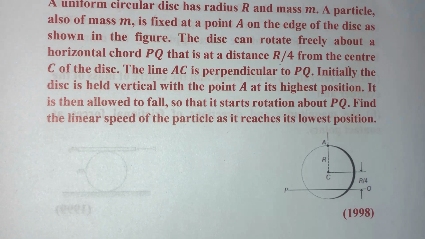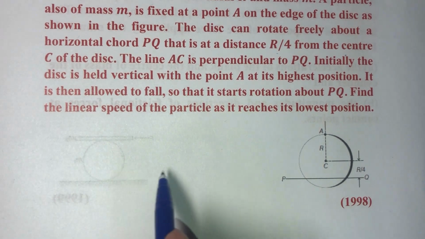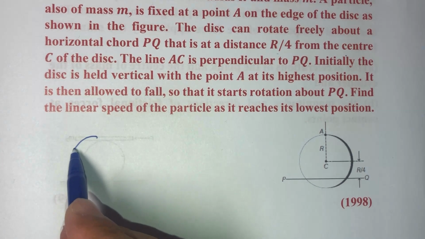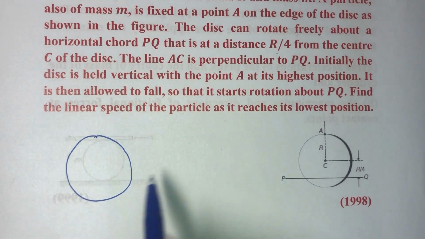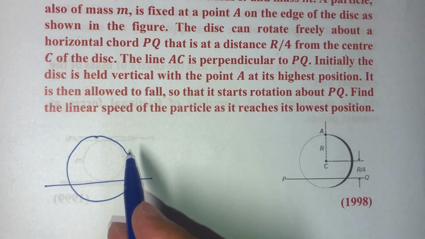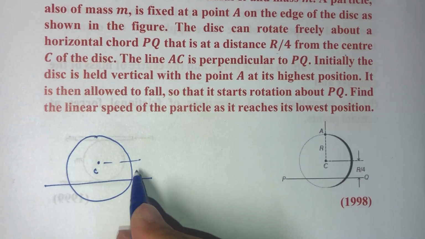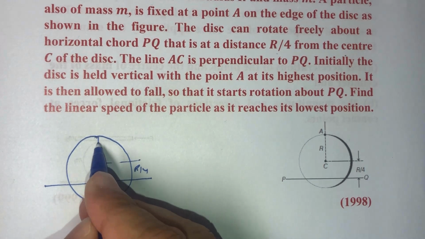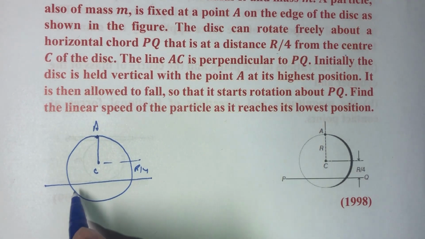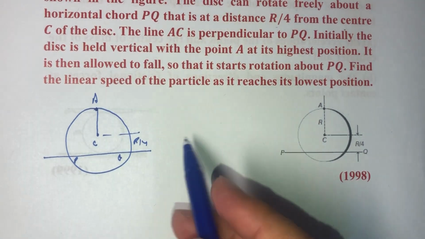Therefore, let us first of all draw the figure. So we have a disc, and to the disc we have a chord PQ, and this is our center C. Center C is r by 4. We have particle A which is at the highest position, and we have this chord PQ, and about this it is going to rotate.